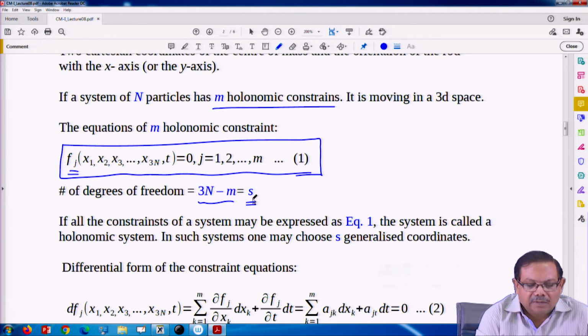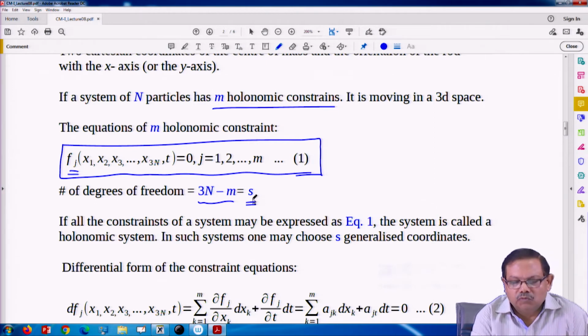Then I can describe the motion of the system without any difficulty. Earlier, without talking about the constraints, we had gone to generalized coordinates and picked up the right number of them, and we never bothered what happens to the constraints, right.